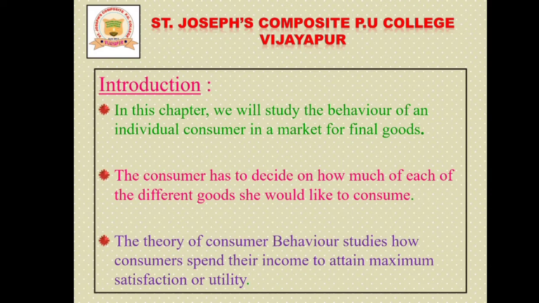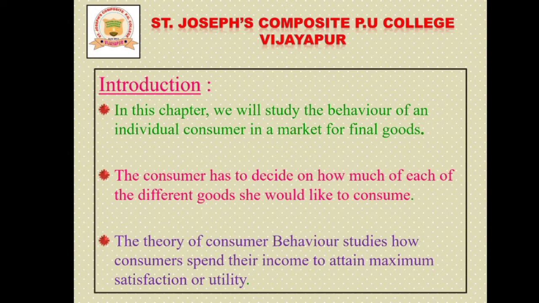So in order to attain a maximum level of satisfaction, what will the consumer do? He will spend money to get the maximum satisfaction. So the theory of consumer behavior studies how the consumer spends their income to attain the maximum level of satisfaction or utility.